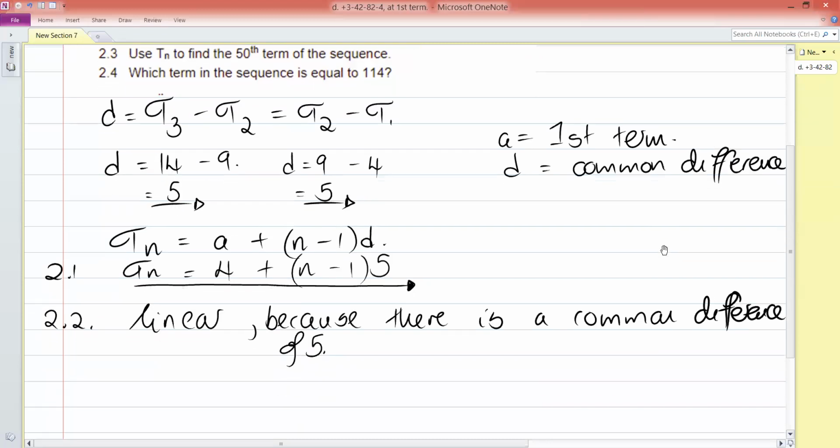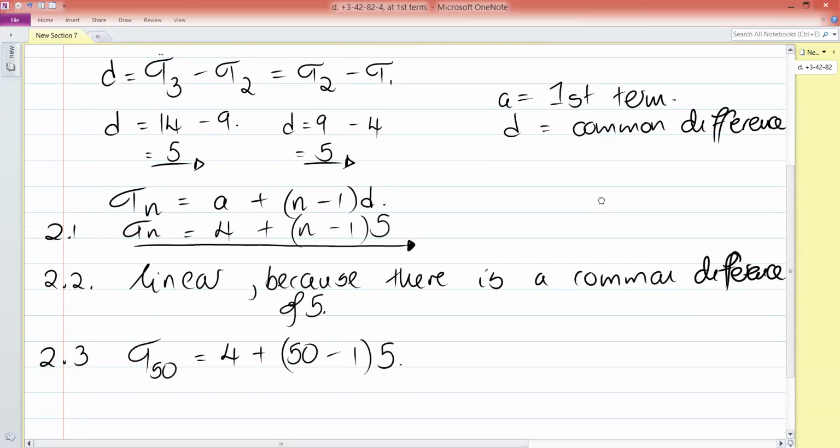Then they say use Tn, which is the formula we just worked out, to work out the 50th term. So we need to find T50. So where I see n, what am I doing? I'm substituting in 50. So you're going to have 50 minus 1 there multiplied by D, which is 5.